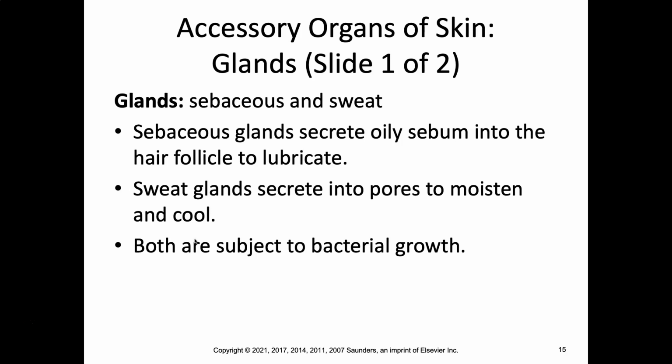One are the apocrine, and those are in your groin and armpit areas, the groin and axilla. And then you have eccrine glands, the sweat glands, and those are throughout all of your body. And all of these are subject to bacterial growth, so that can be an issue with these glands as we talk about pathology.